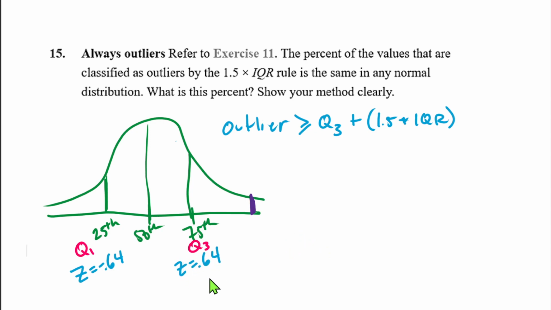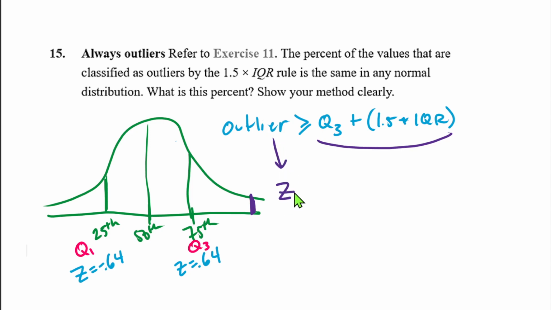So this is like 0.64 of a standard deviation minus negative 0.64 of a standard deviation. How many standard deviations up here is this outlier, which is just Q3 plus 1.5 times the IQR? So let's find the outlier as a z-score.